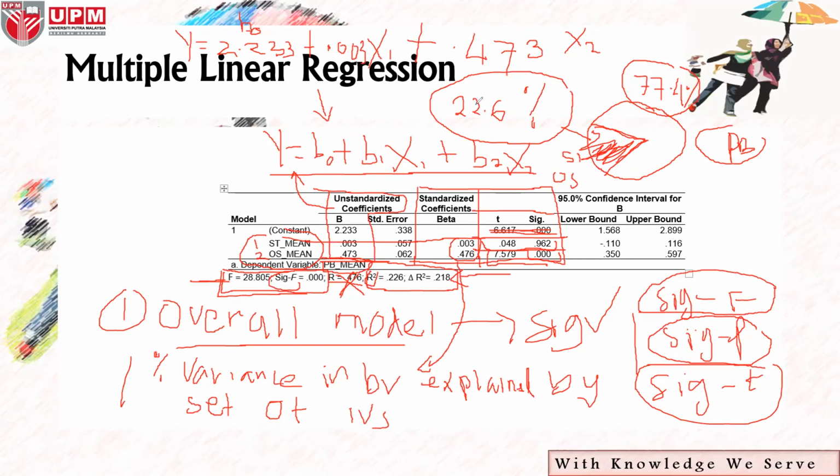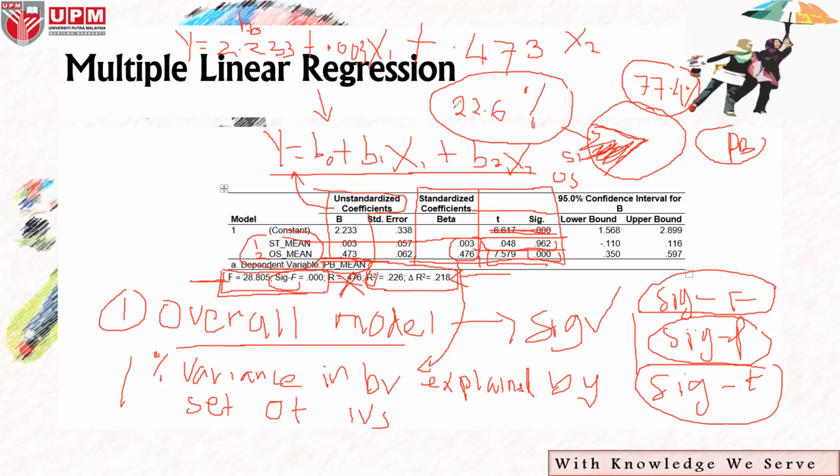But of this 22.6%, 47.6% is explained by organizational support, and only 0.3% out of 22.6% of variance in philanthropic behavior is explained by social trust.